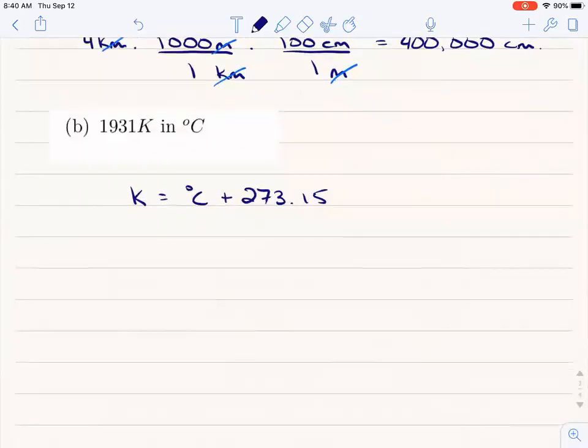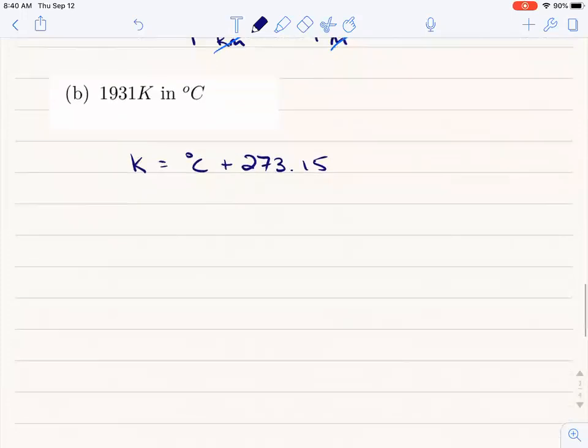Not too bad. So then we know Kelvin is 1931, degrees Celsius plus 273.15.